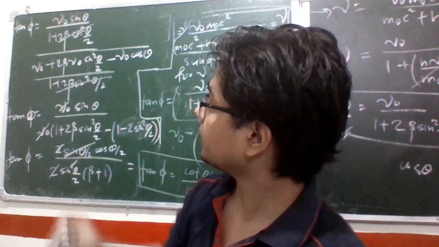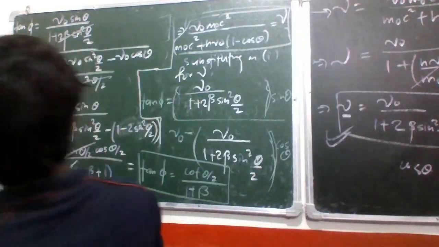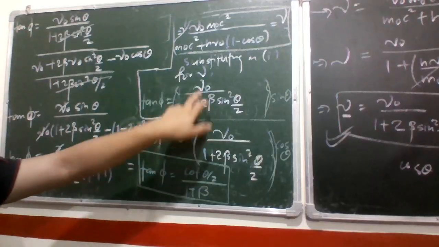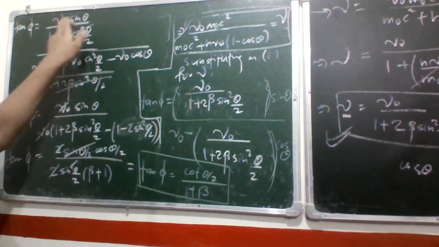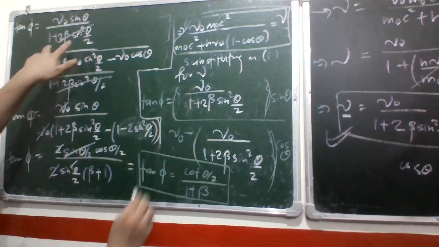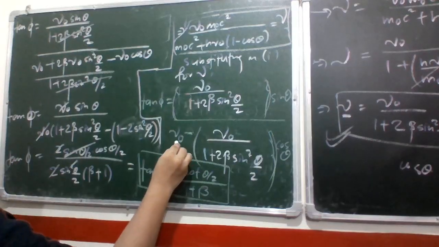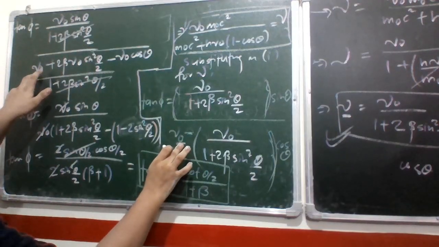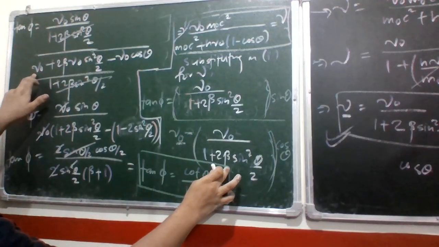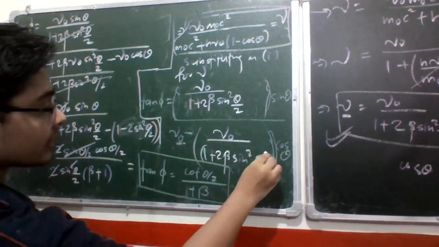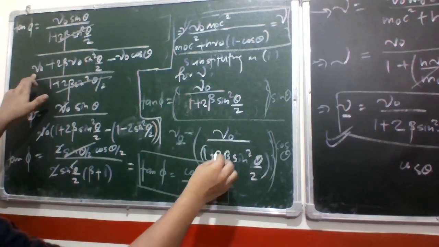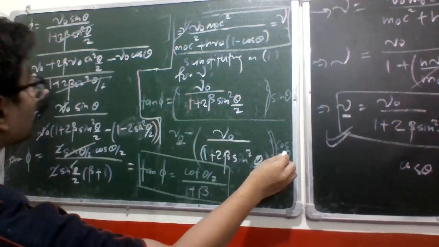Now if you see here, we got tan phi equals nu naught sine theta by the same denominator, and nu naught times this denominator for the LCM minus nu naught cos theta.